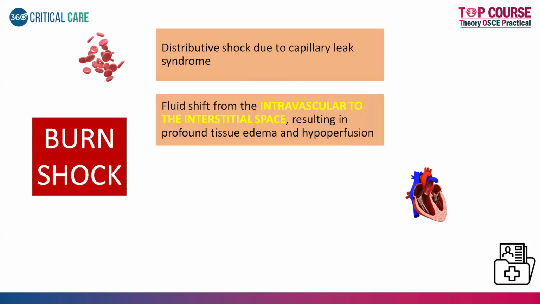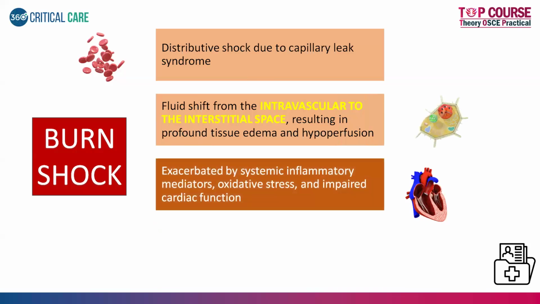Because of capillary leak and shift of fluid from intravascular to interstitial space, there will be profound tissue edema and hypoperfusion. This, along with the SIRS which is already present, leads to impaired cardiac function also. I told you earlier there will be depressed cardiac activity in the ebb phase, right? So all of this causes burn shock.